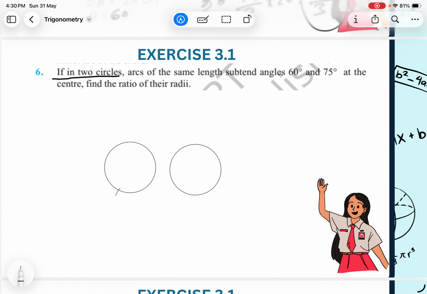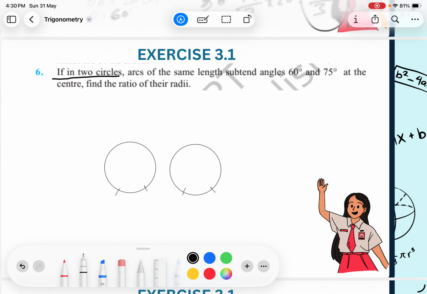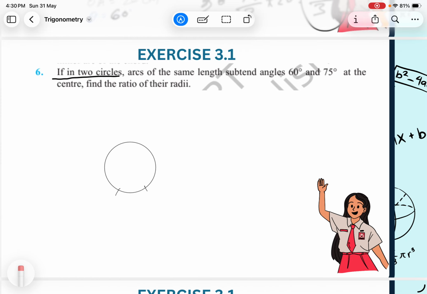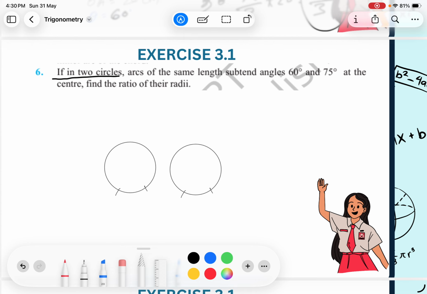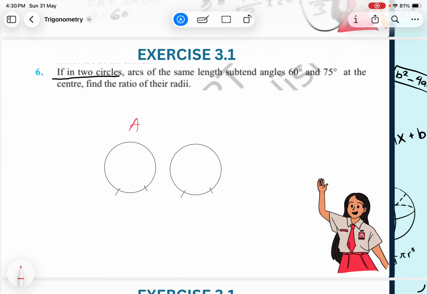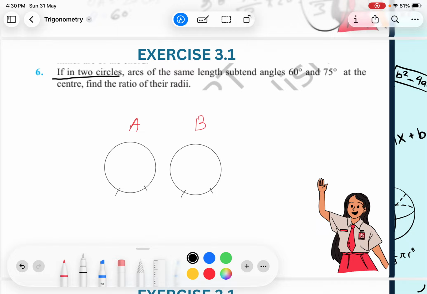Suppose this is an arc, okay, and this is the same length. I will just clear this, and now I will copy, so the arc should look the same. Okay, so both circles, suppose this is A, and this is B. So the length of arc in both circles is the same.